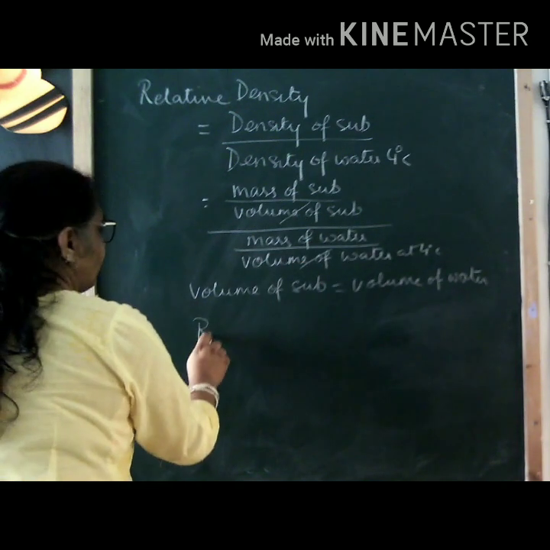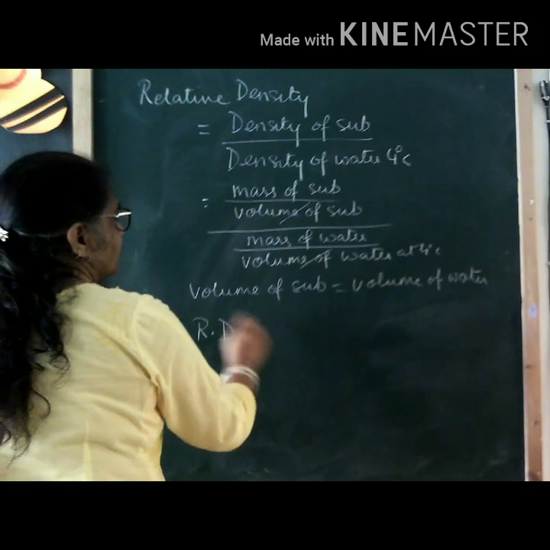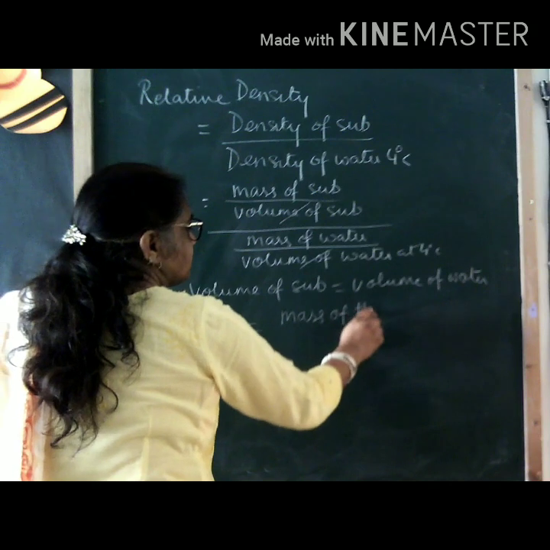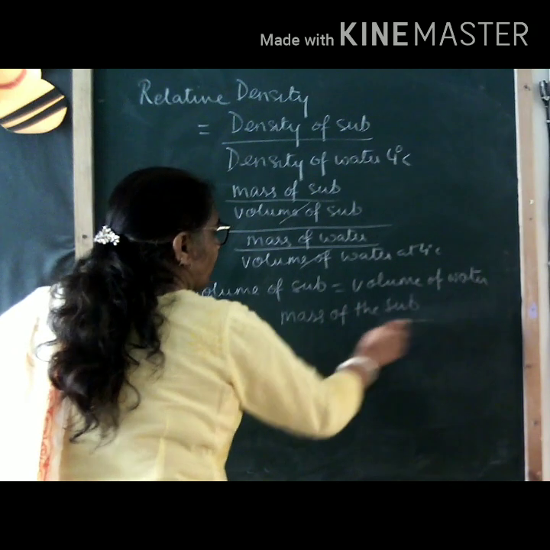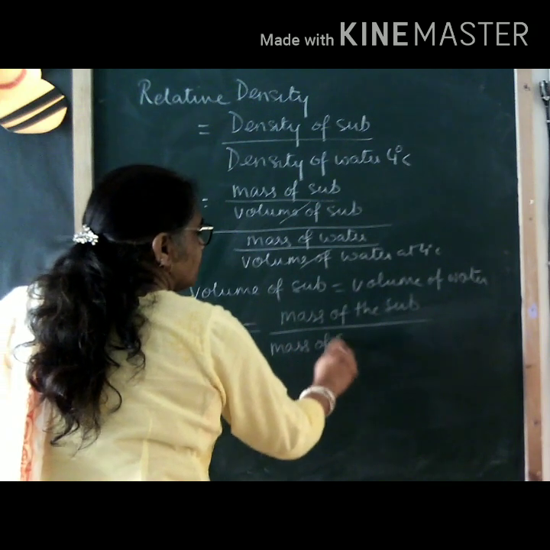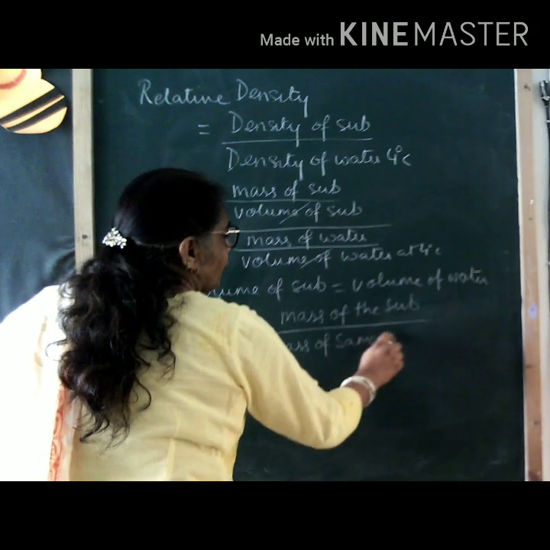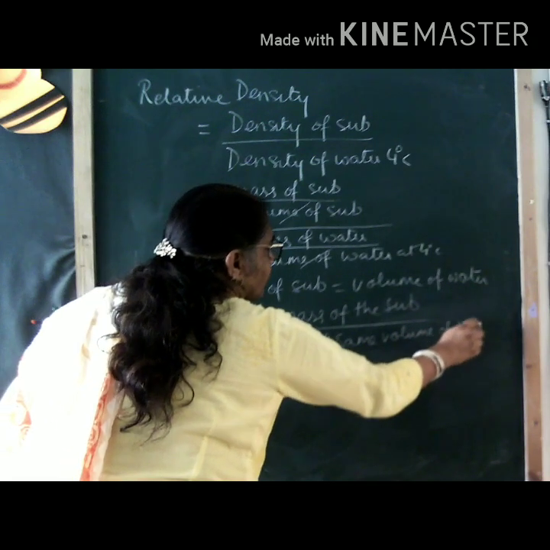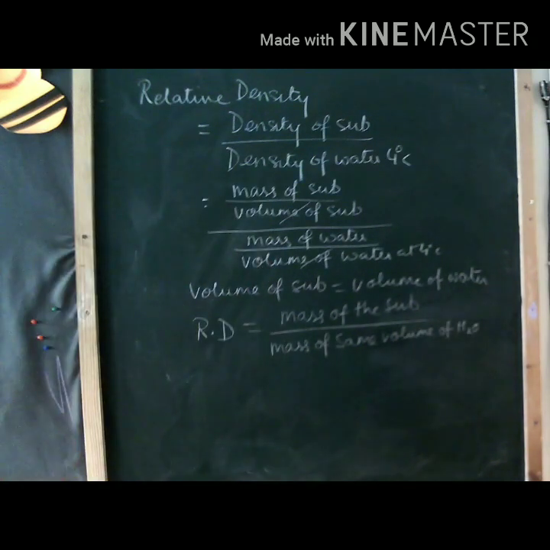So I will have relative density is equal to the mass of the substance upon mass of same volume of water. Okay, so relative density is finally being written as mass of the substance upon mass of same volume of water.